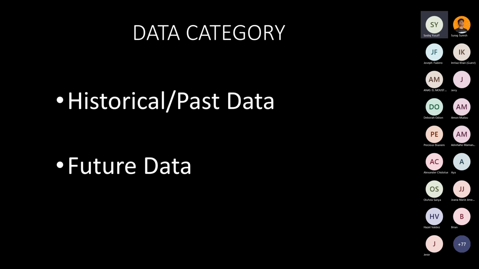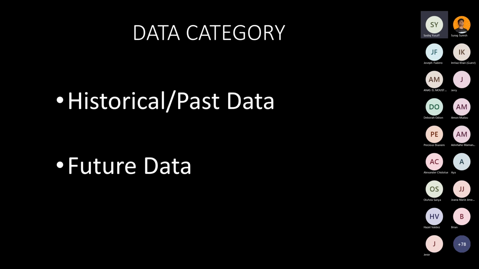A data that is not well structured is also referred to as a dirty data, and a data that is well structured is what we refer to as a clean data.